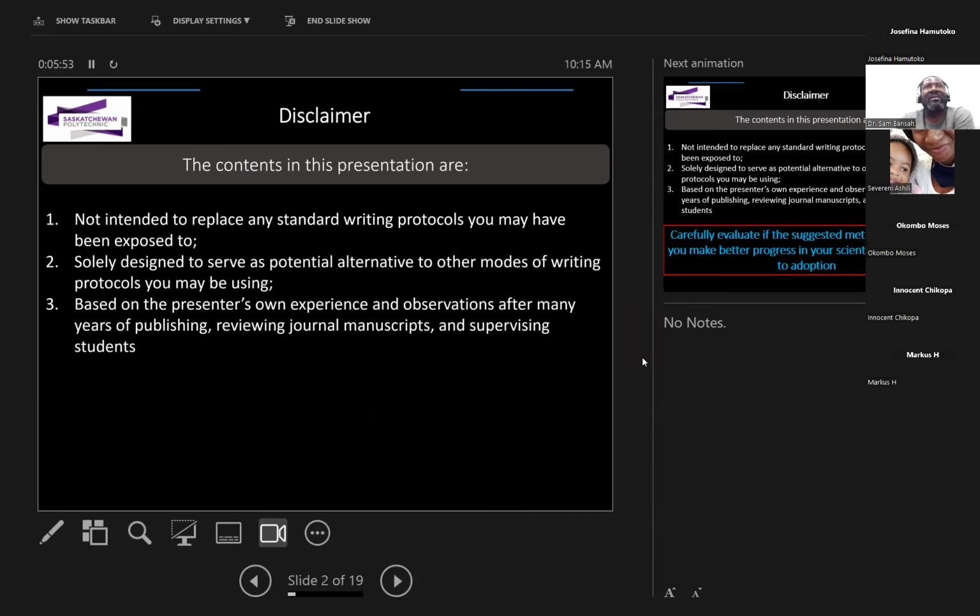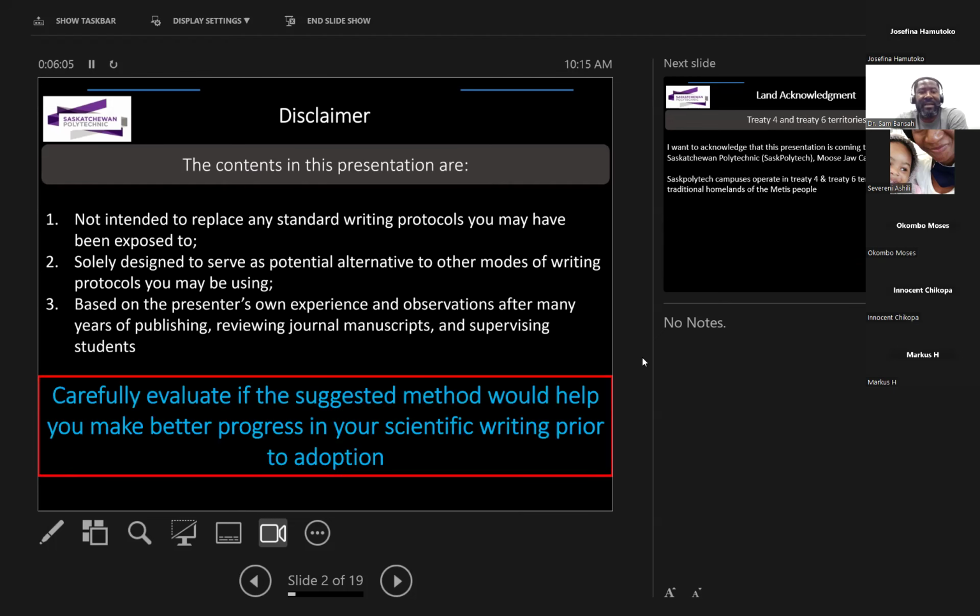This presentation is based solely on my experience and observations after many years of publishing, reviewing manuscripts, and supervising students. So I just want to state that you should carefully evaluate the suggested method and decide whether this is going to help you prior to adopting these methods.